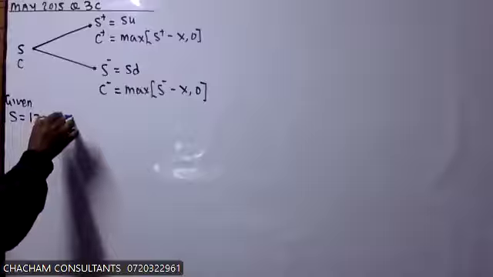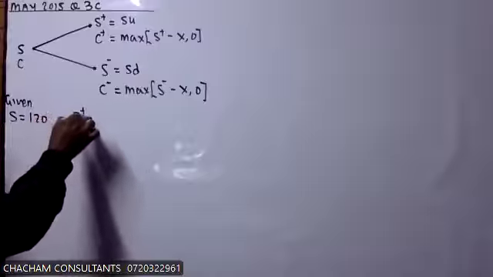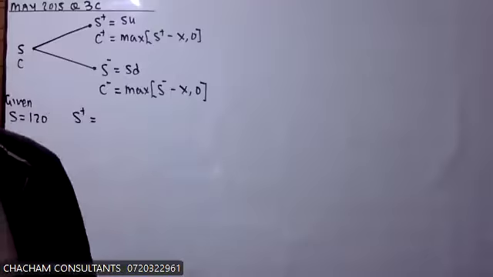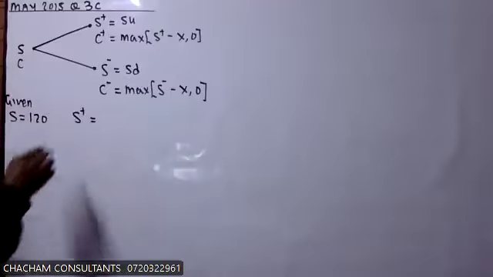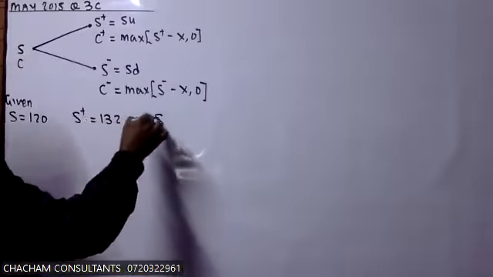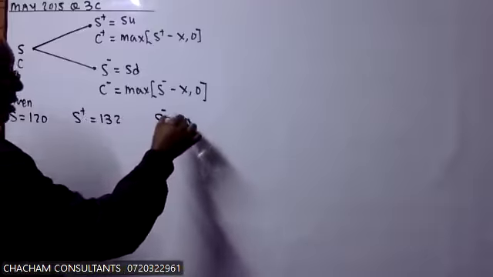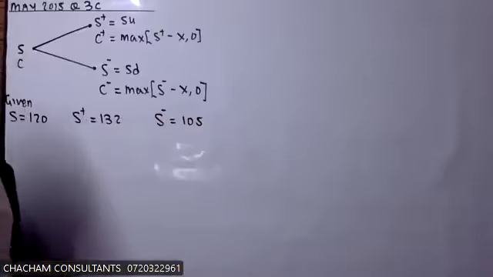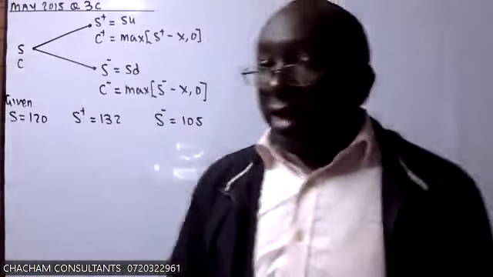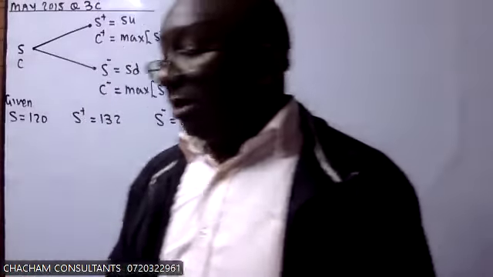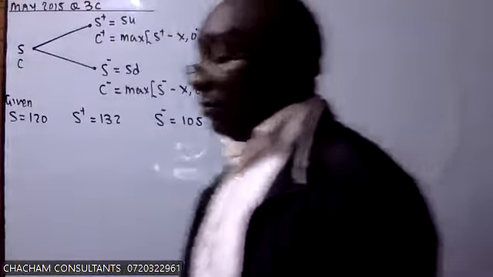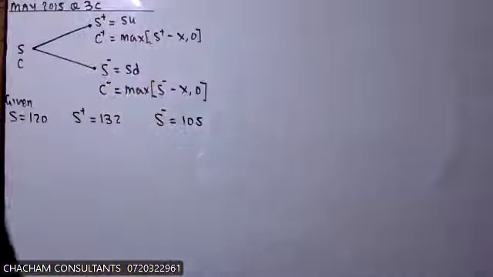We are also given that S plus, if the price goes up, it is 132. And we are also given if the price goes down. I had told you that you change that price. It was reading 30 or something. The correct one was 105. So when we go down, 105.